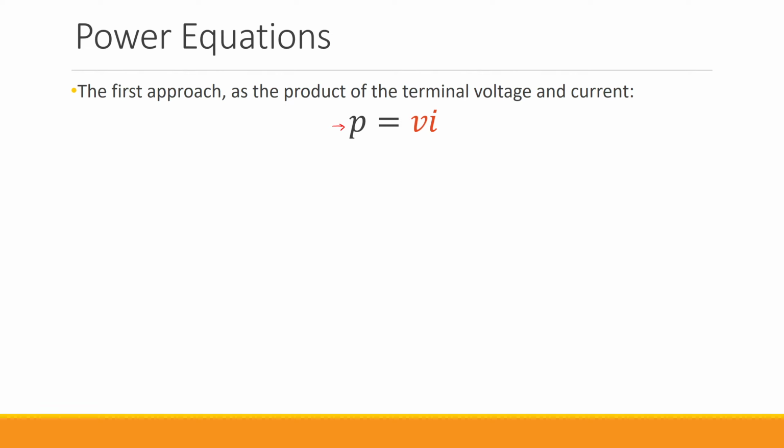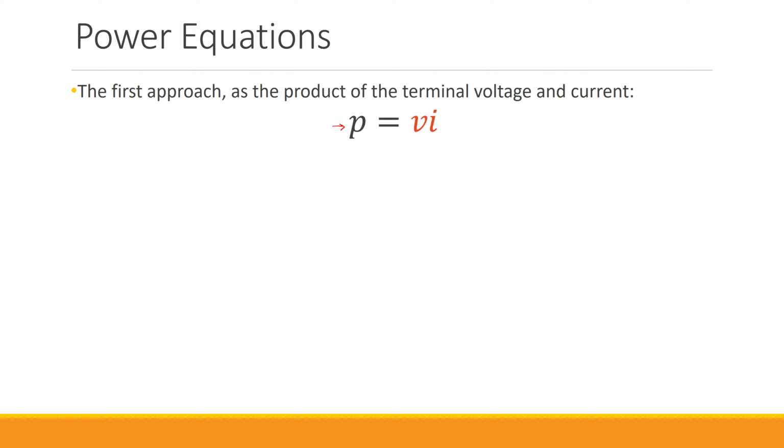So P equals VI, and that is true for any element in an electric circuit. So that is the first approach to calculate the power consumed by a resistor.